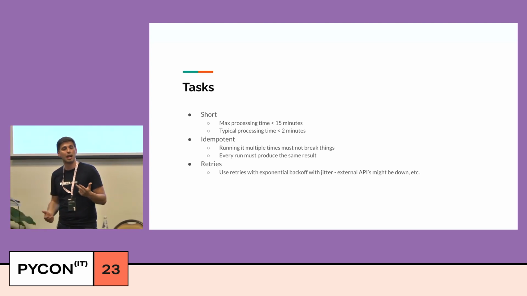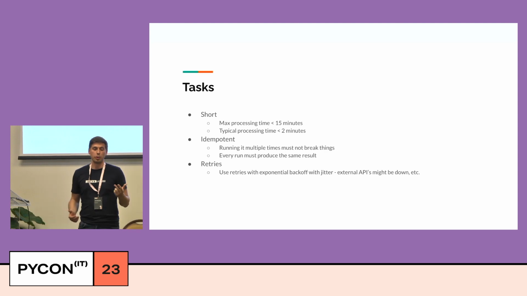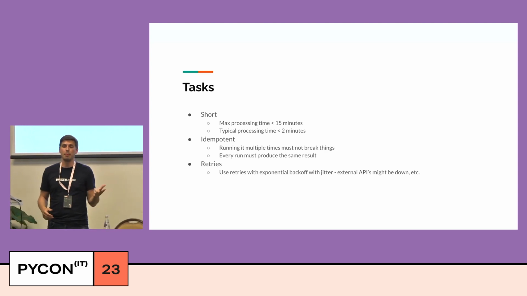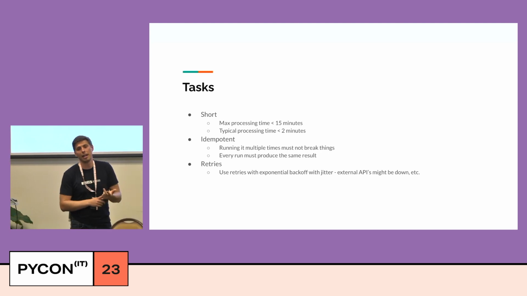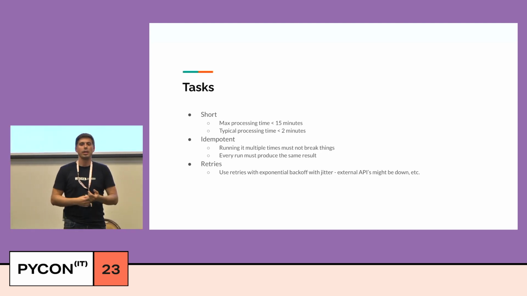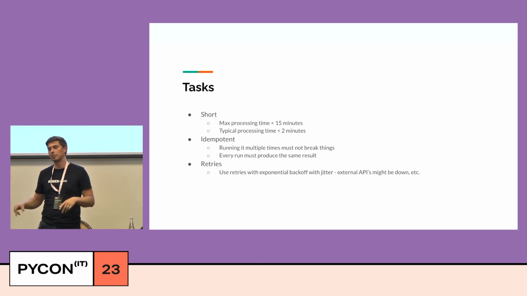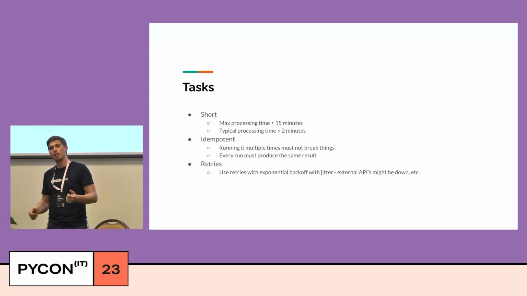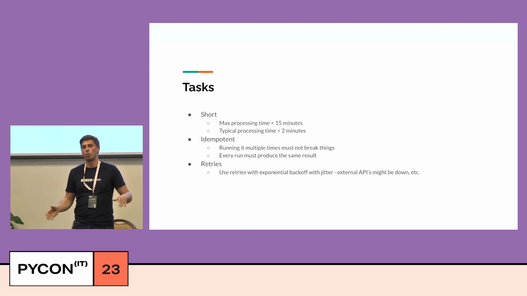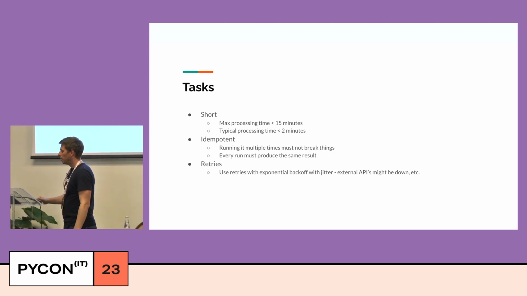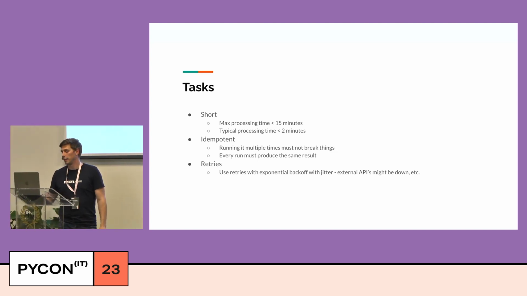But the best way is to have exponential back-off retries with jitter, so that if there are some issues, for example, with third-party APIs by hitting rate limits or stuff like that, we don't just retry with hundreds of tasks all at the same time and then maybe process 2 or 3 tasks successfully, but everything else is hitting rate limits. With jitter and exponential backoff, we spread this a bit more randomly over time and make sure that things can go through a bit more smoothly.